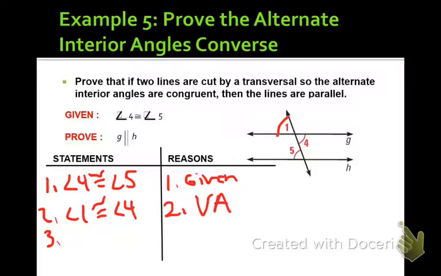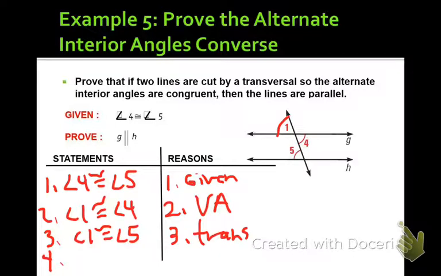Abby? Why did I make these congruent statements? Look at what's common. Both statements have what? 4. Right, we can say 1 is equal to 5 by transitive, right? They both equal the same thing, so they're equal to each other. So we say angle 1 is congruent to angle 5 by transitive.